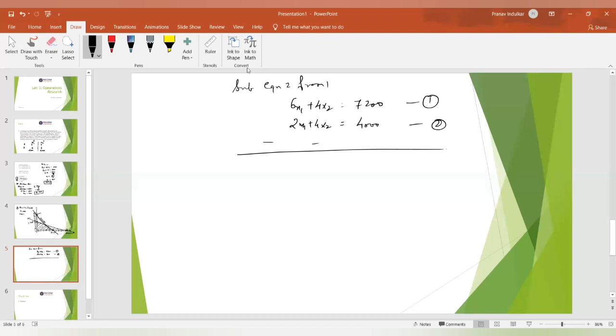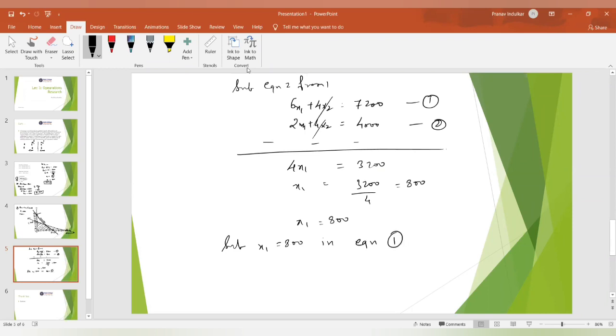What do we get? Minus, minus, minus. The 4x2 will get cancelled. 4x1 is equal to 3200. x1 is equal to 3200 upon 4. x1 is equal to 800. Then again, substituting x1 equal to 800 in equation 1.